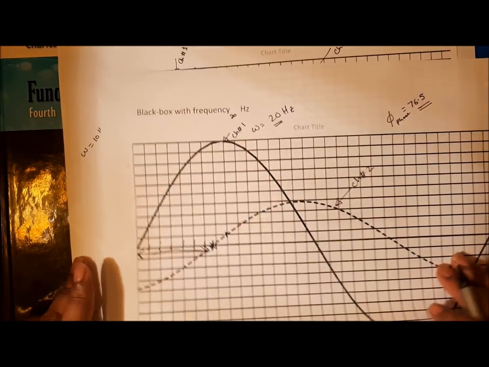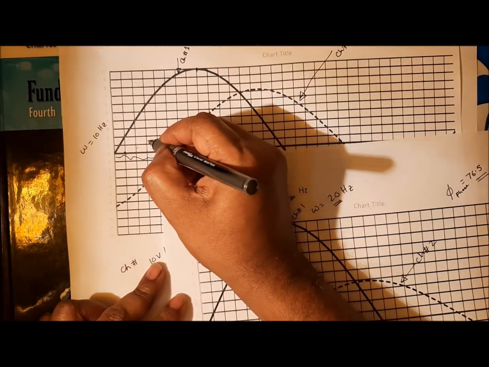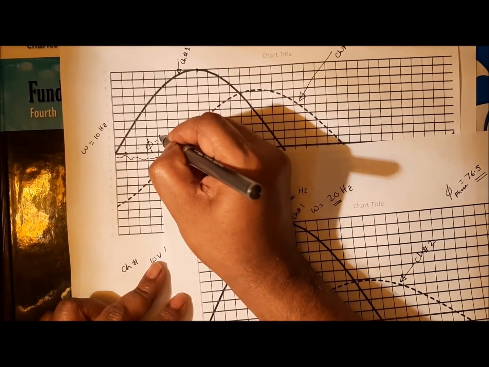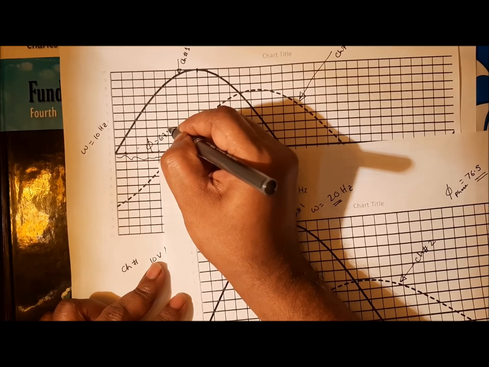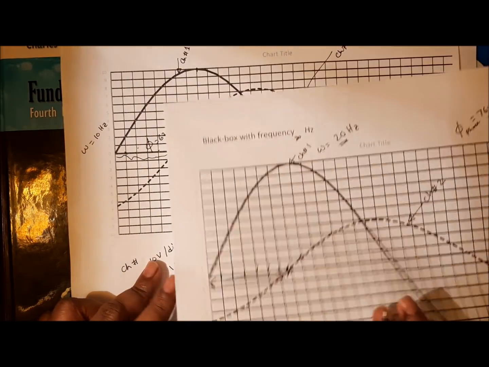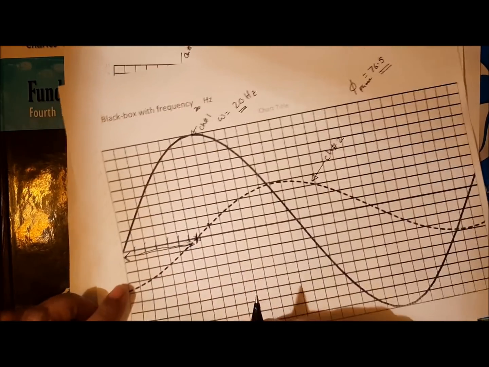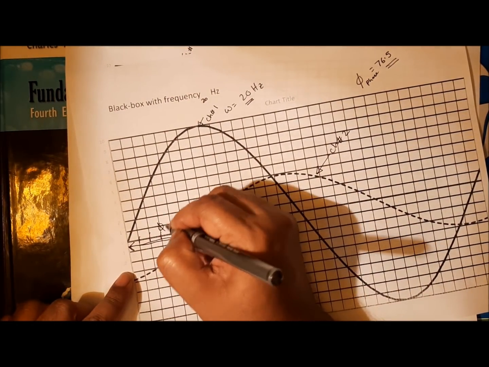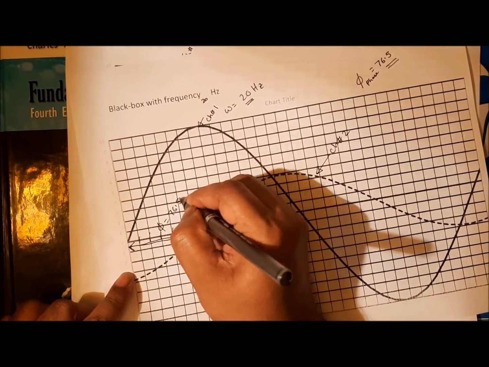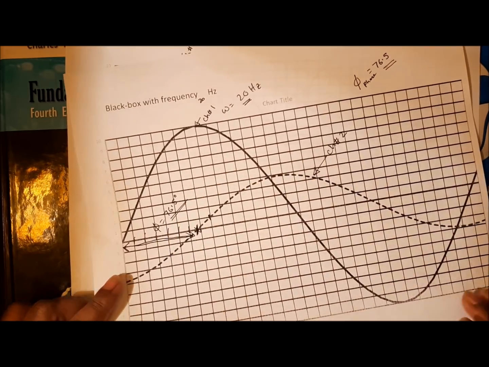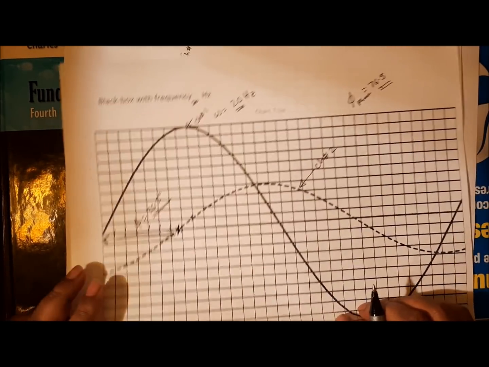Before, the phase angle was 64.3. Now it goes to 76.5.